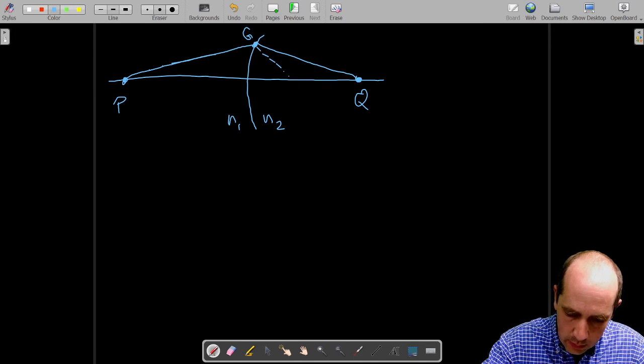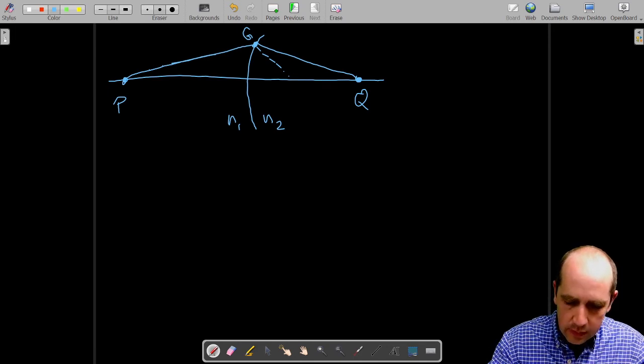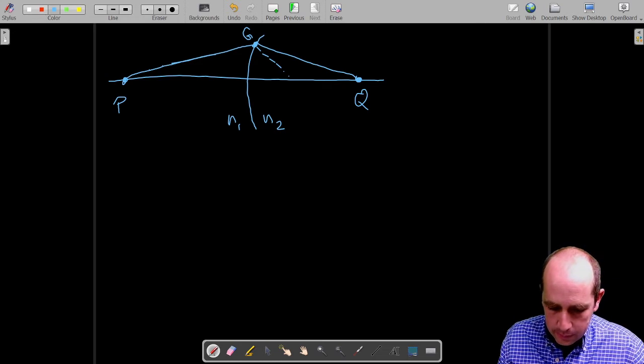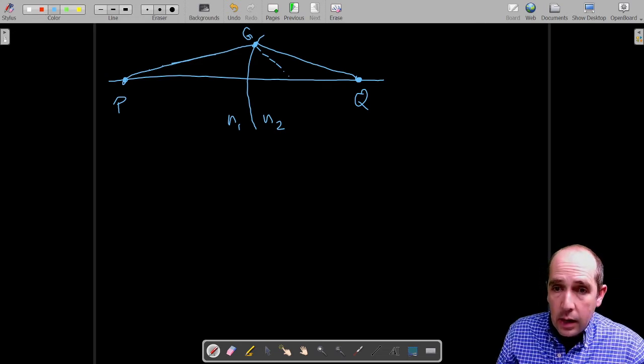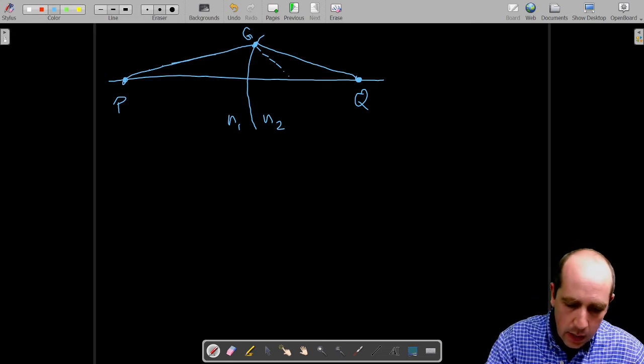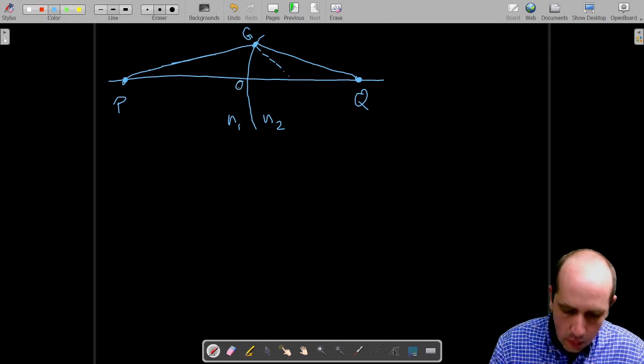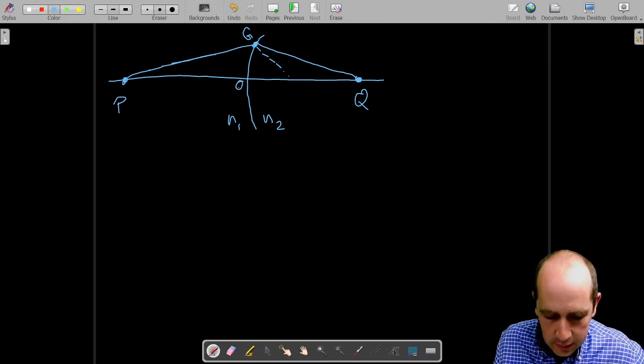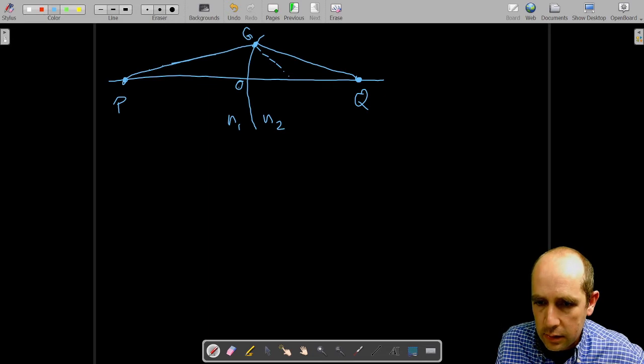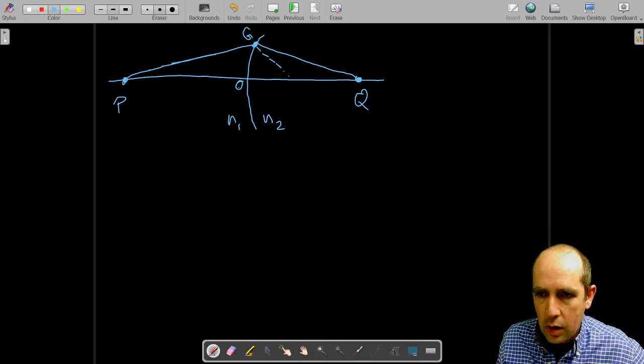This is a line that is normal to the curved surface. Now again we have the point O here, at the vertex, the intersection of the curved surface with the optical axis.